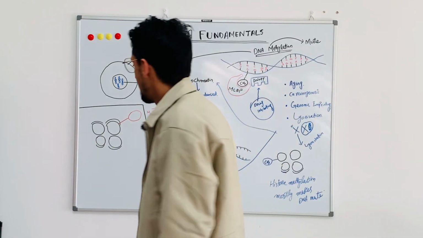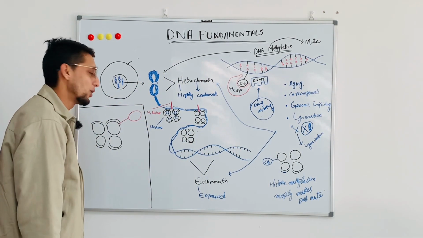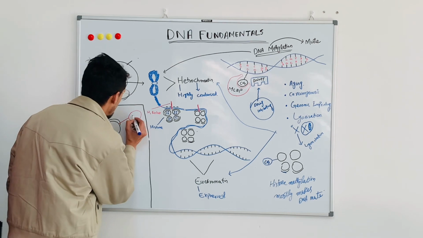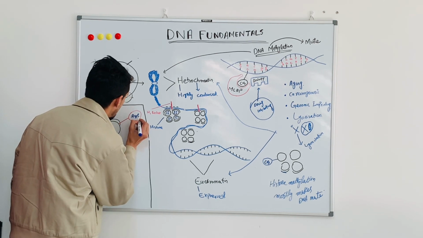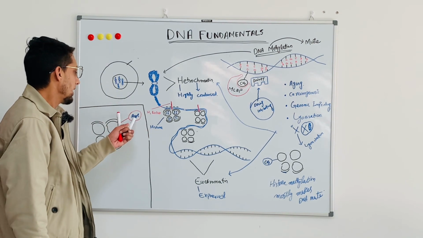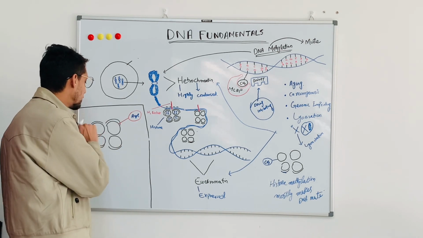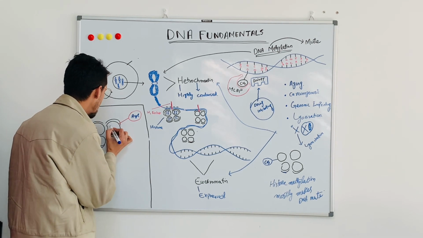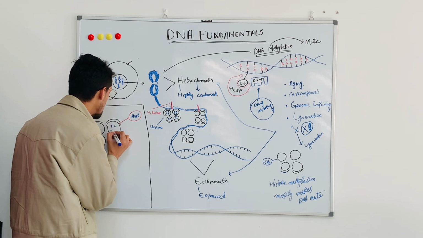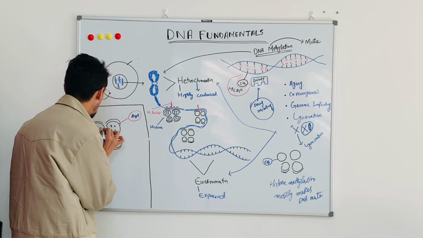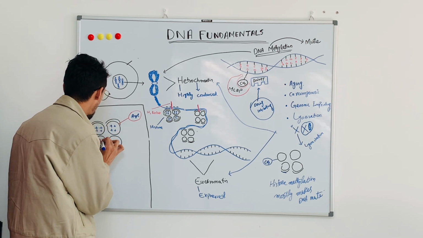Let's discuss another thing, that is histone acetylation, right? If an acetyl group is added to the histone, I told you that there is an overall positive charge on the histone protein.